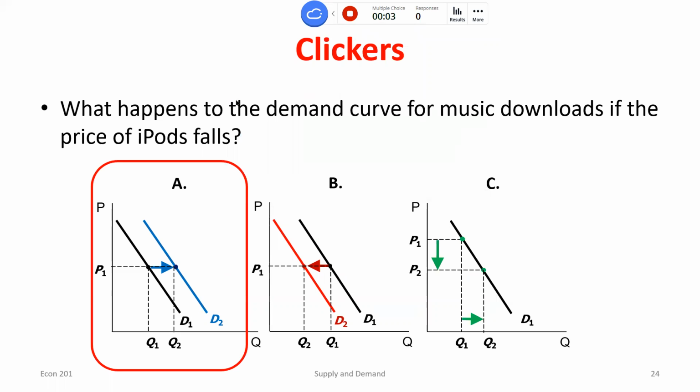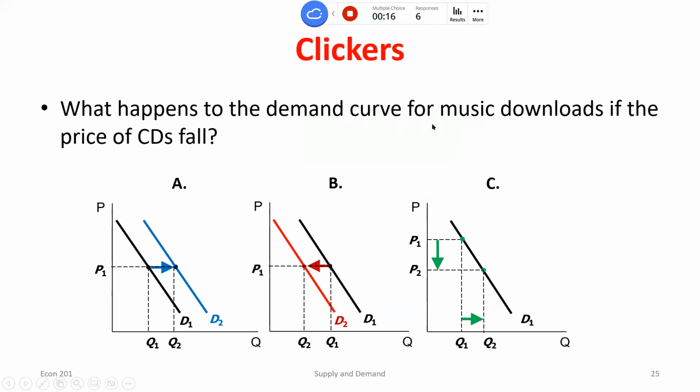So before we said when we have complementary goods, when the price of that complementary good goes down, we see demand increase for the other product, or a shift to the right. But what if instead I'm looking at music downloads and CDs, back when we still had physical copies of CDs?